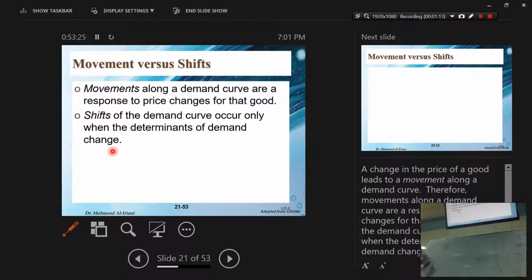So we move from one point on the same demand curve to another point on the same demand curve. When did that happen? When price increased. Right? The quantity will change. It used to be 5, now it will be something like 2 or 3. Less, because price increased.